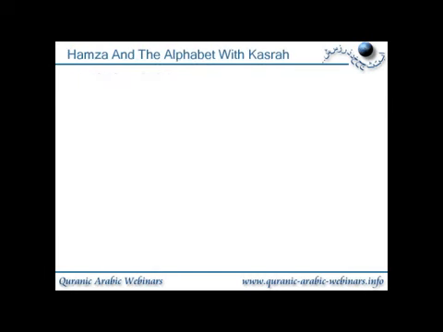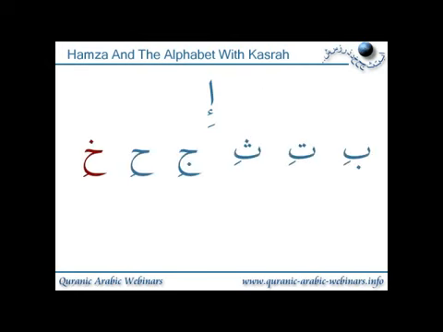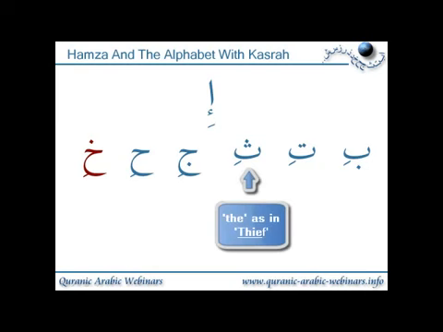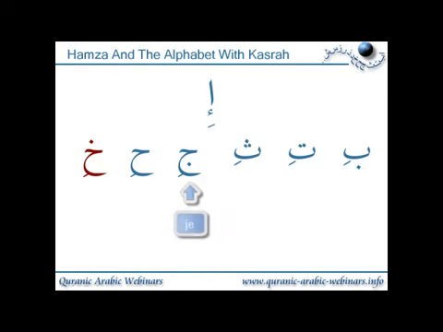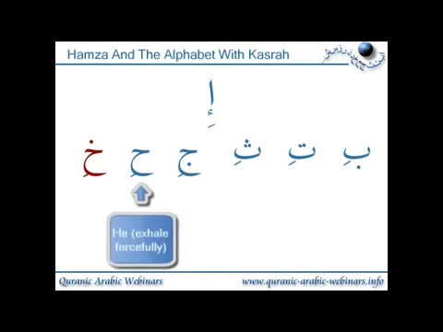So now we'll go through the entire alphabet and we'll start with the Hamza. Again, this is Hamza sitting under an Alif and it's got the Kasrah, so this will give the sound of E. E. Then we have Bi, Ti, Thi, Thi. So this is a th, as in the word thief. Ji, Hi.